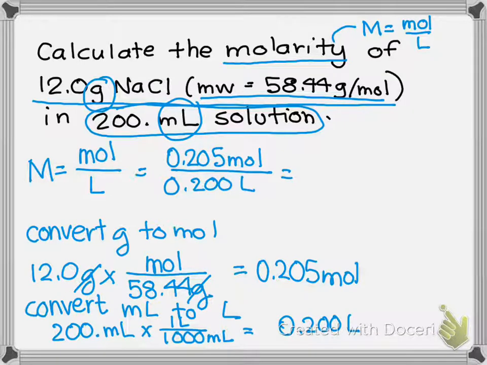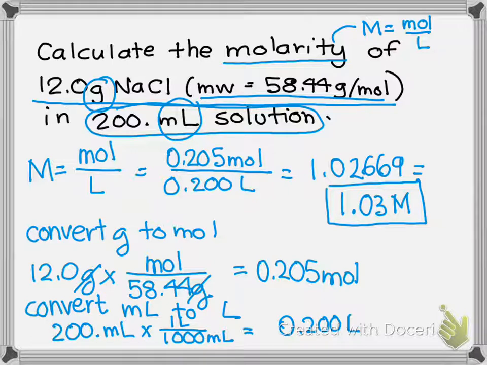So 0.205 divided by 0.2, to 3 significant figures, I get 1.02669. So to 3 significant figures, I get 1.03 capital M.